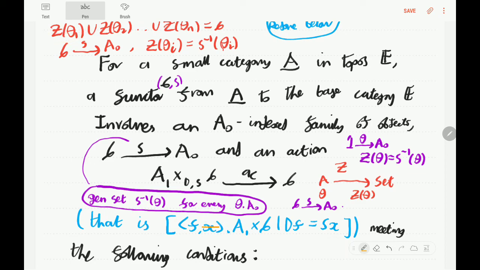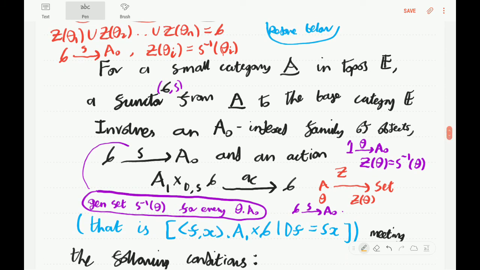You know, when we do this in set, for example, this functor will have a set Z of theta 1 for object theta 1 of A, and a set Z of theta 2 for object theta 2 of A, and so on. But we're bundling all those together to be this object zeta.